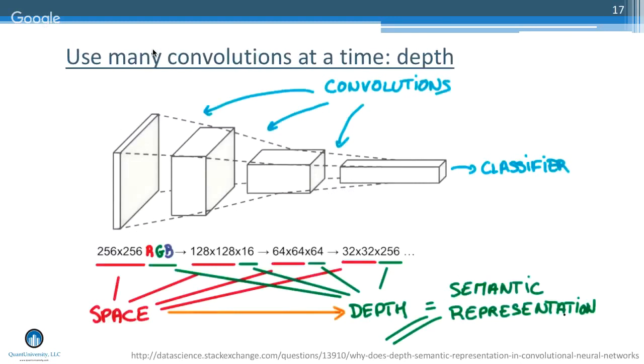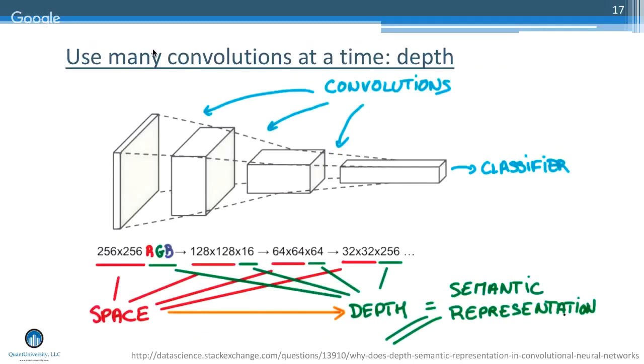Here's another example, where you start with 256 by 256 by 3 for the red, green, blue colors of an image, and then you compute 16 different features. Let's say you slide 2 pixels at a time, so you reduce the spatial dimension by a factor of 2 in each direction. But now you have 16 features instead of just 3 colors.